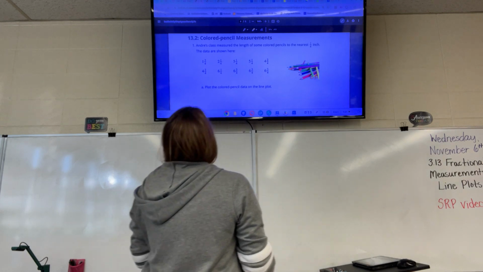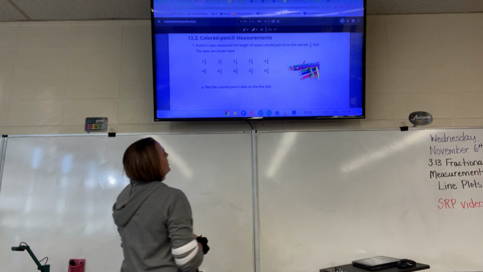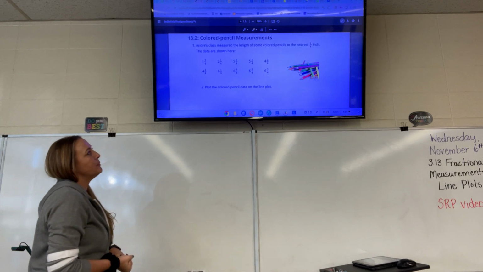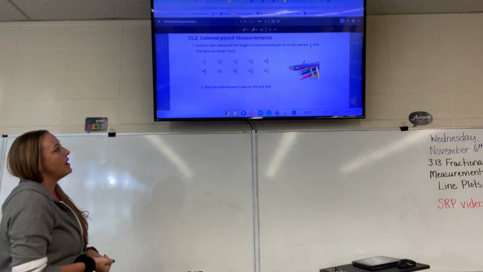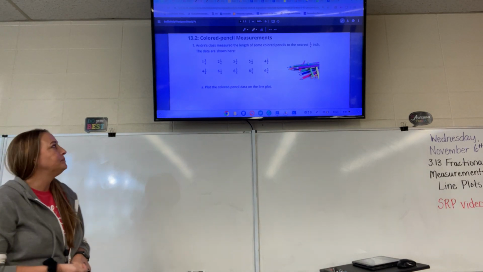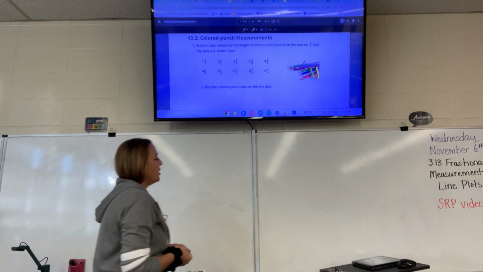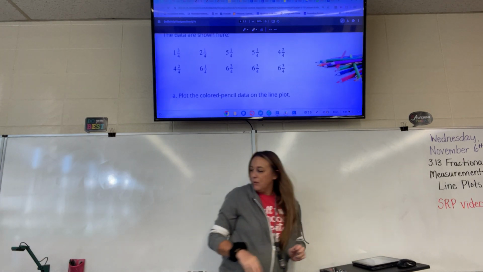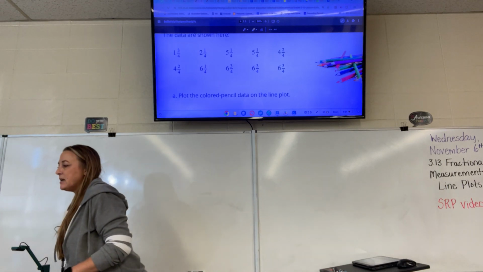Okay. On page 62, it says Andre's class measured the length of some colored pencils to the nearest 1/4 inch. The data are shown here. I'm going to have you say these numbers with me.